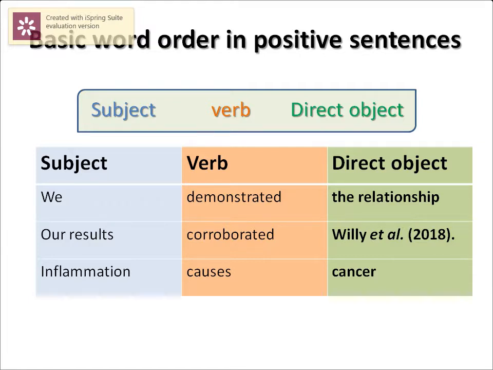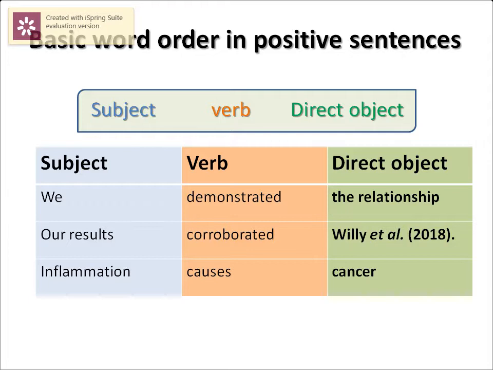Look at these sentences. Sentence 01, we demonstrated the relationship. We is the subject. The verb is demonstrated, which is the past form of to demonstrate. The direct object is the relationship. Sentence 02. Our results corroborated Willie et al. 2018. The subject is our results. The verb is corroborated.